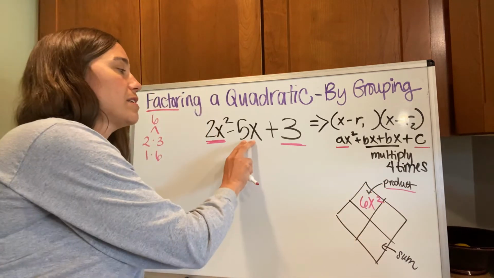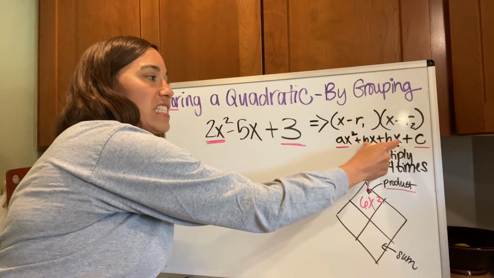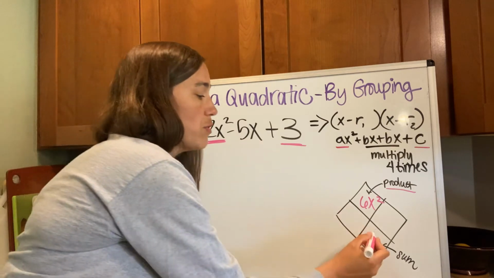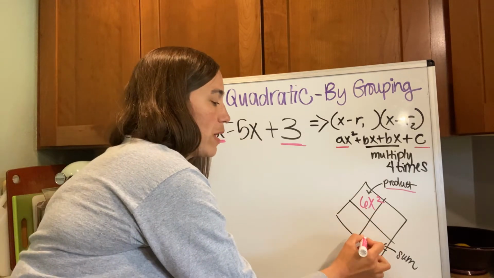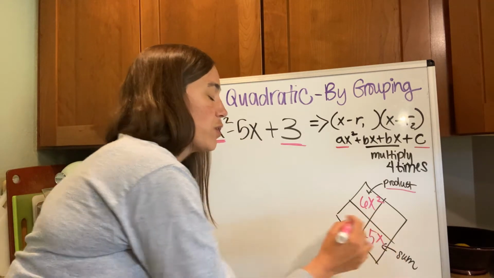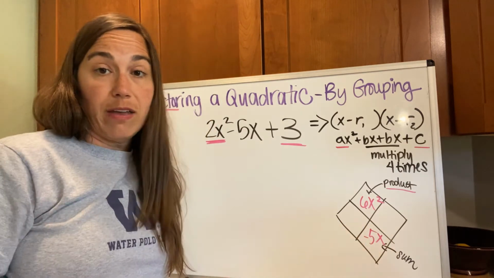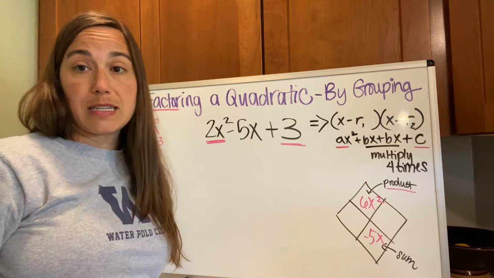Now our goal is to find what two x values combine together to get this middle one. So we're going to bring this bx term, negative 5x, right down here, and we're going to find two numbers that add together to get negative 5x and multiply together to get 6x squared.